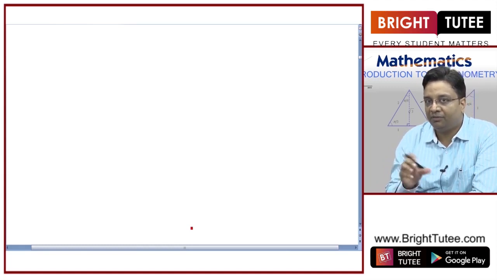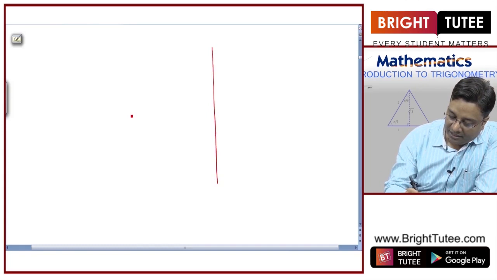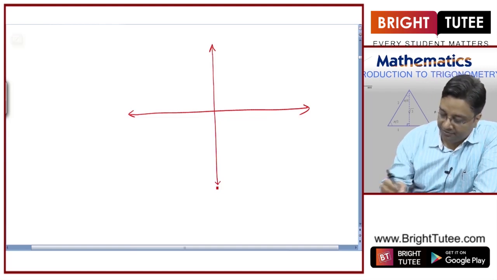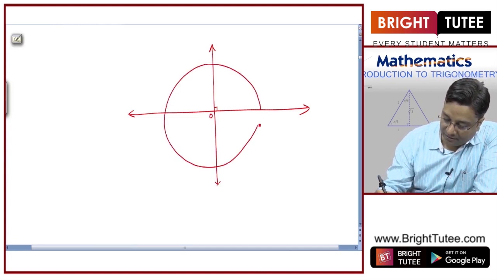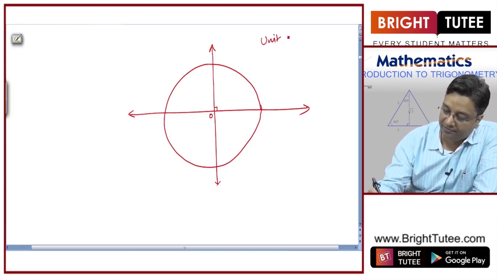Let us discuss something about coordinates, let's link it to coordinate geometry for a while. You remember, this was our x axis, this was y axis, right, and this is origin. Okay. Let me make a circle here, and this circle is of unit radius.